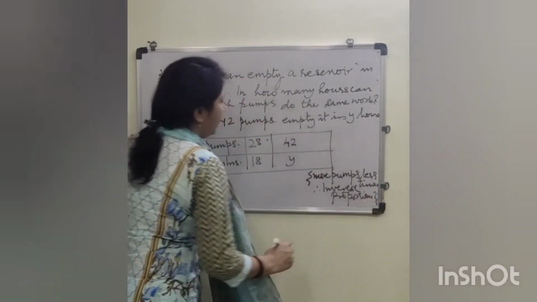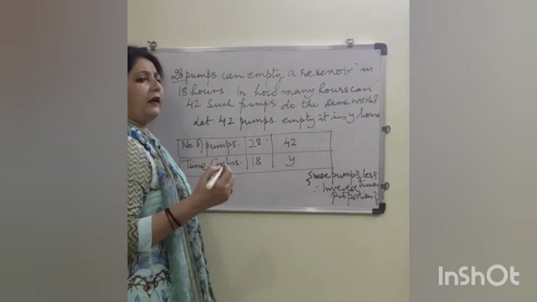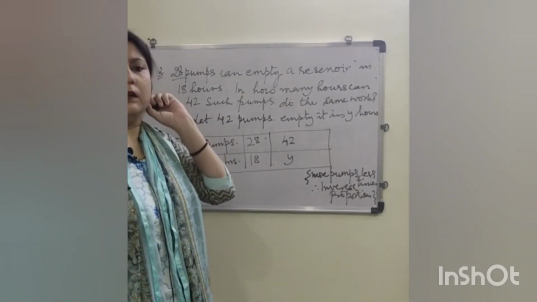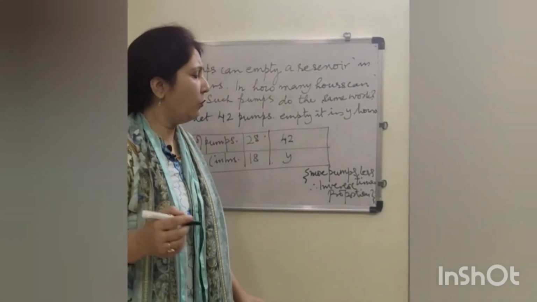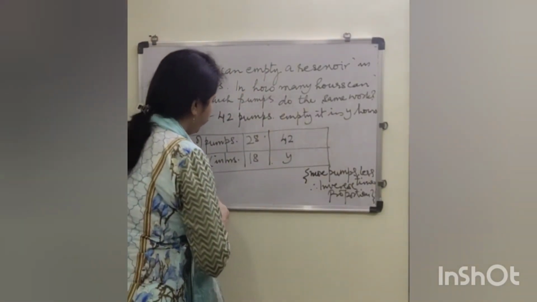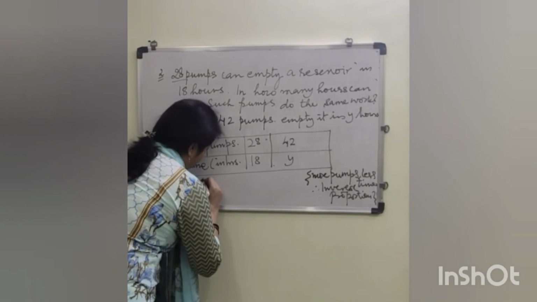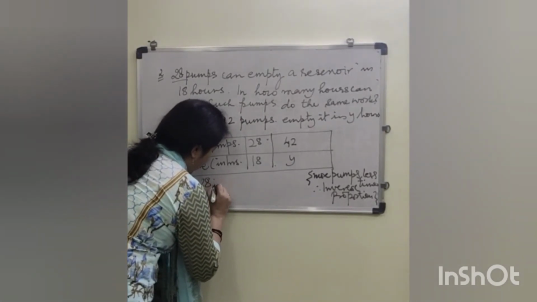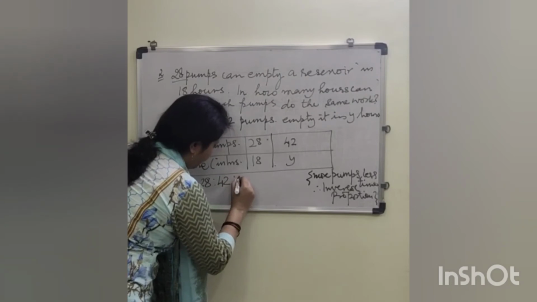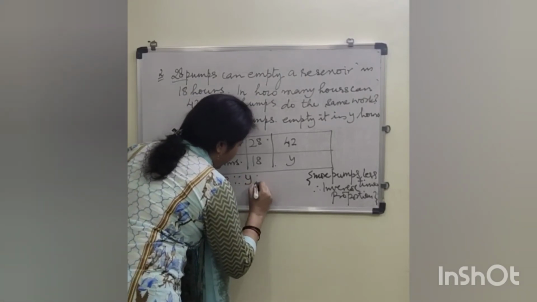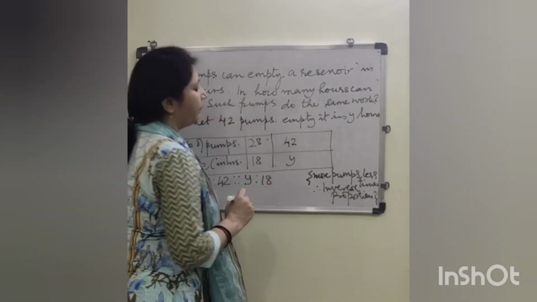Now, let's write it as a proportion. So, what will be there? 28 ratio 42 proportion Y ratio 18.